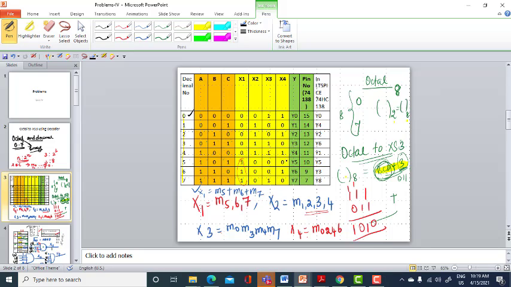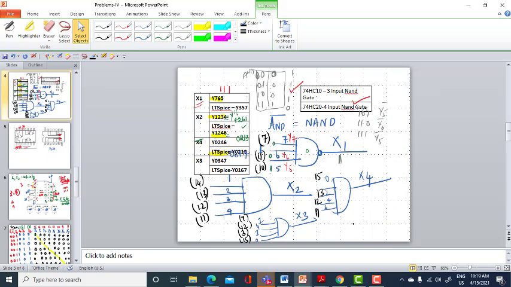Now let me write down the functions. X1 in terms of minterms is m5, 6, 7, X2 is m1, 2, 3, 4, X3 is m0, m3, m4, m7, and X4 is m0, 2, 4, 6. This is how I will write down the functions.